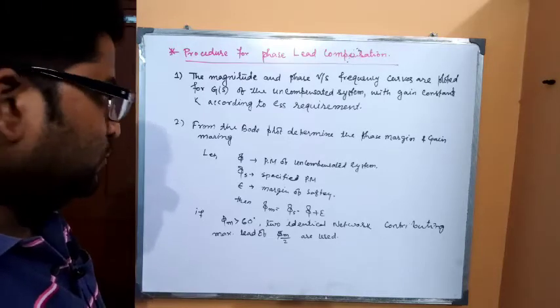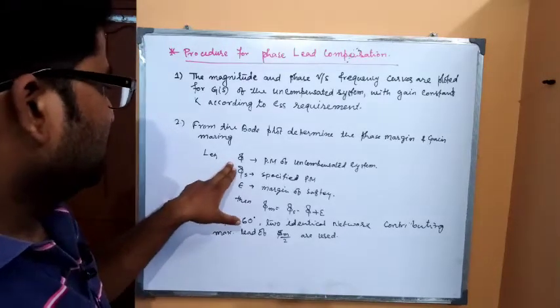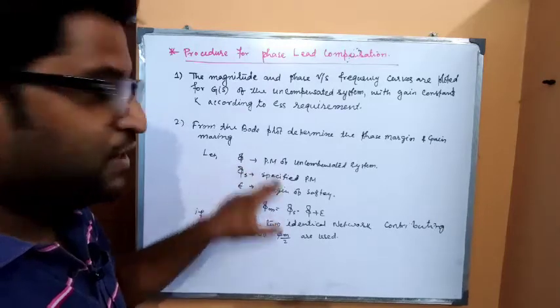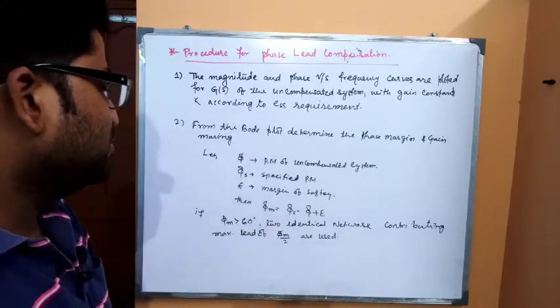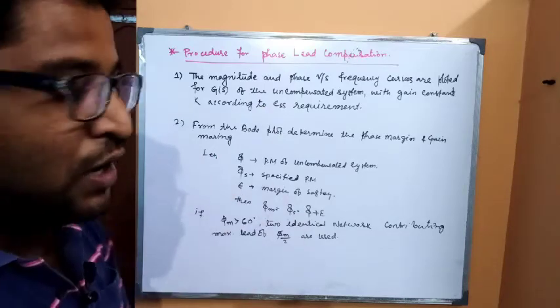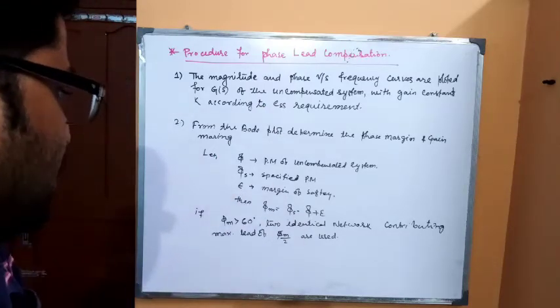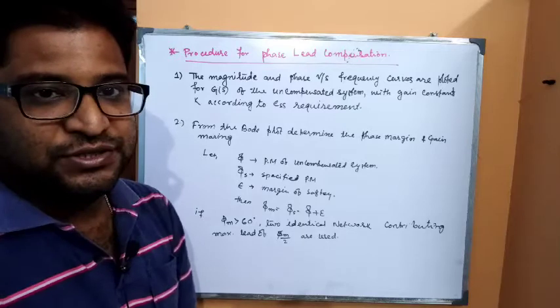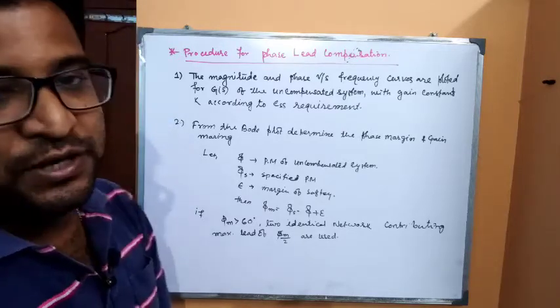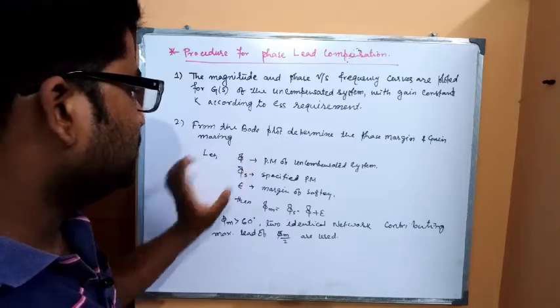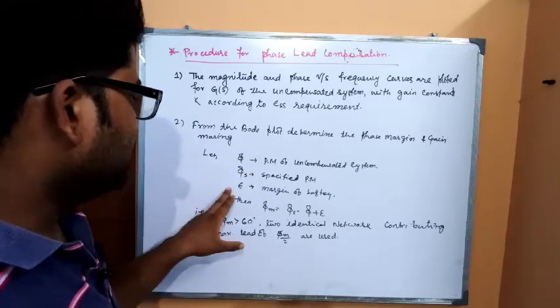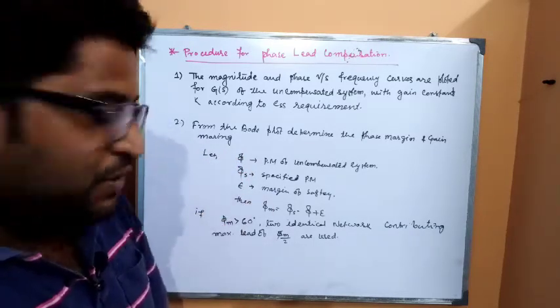Now phi is representing the phase margin which we have determined for the uncompensated system. Phi of S is the specified phase margin, which is different from the uncompensated phase margin, and epsilon is the margin of safety.